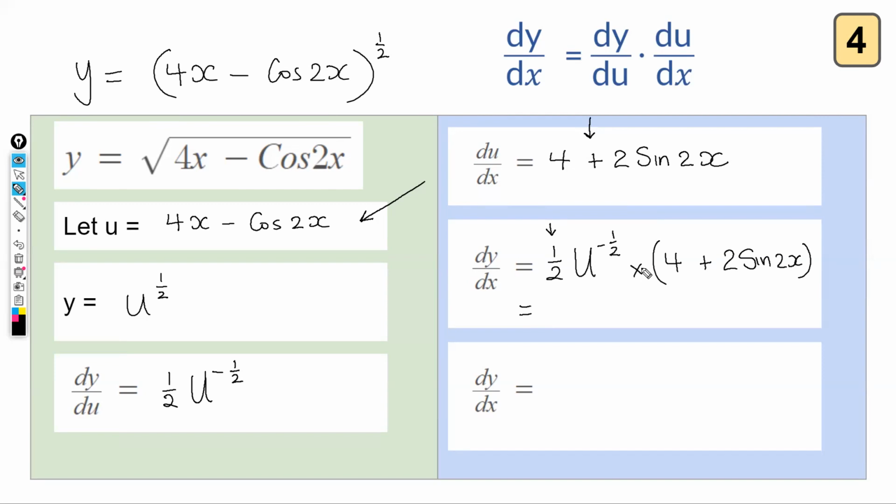Now, when you're multiplying everyone by a half, only the 4 and the 2 get multiplied by a half. This sine 2x does not get multiplied by the half. He's immune from that multiplication. So you'll get 2 plus sine 2x, times u to the power minus a half. Half of 4 is 2. A half of 2 is 1, but I did not bother to put the 1.